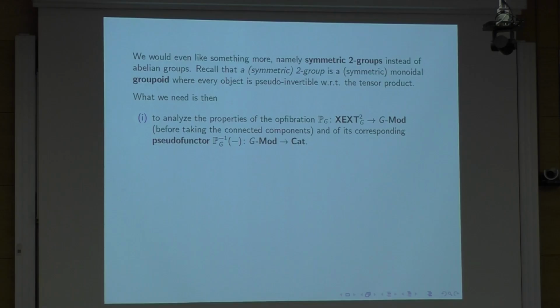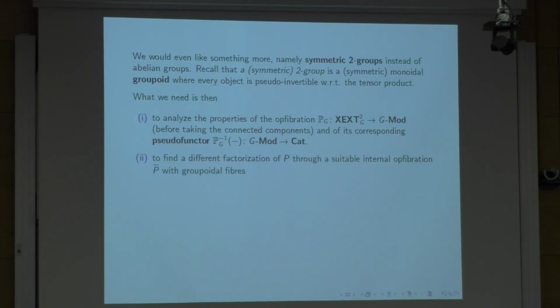Because this is an opfibration and is no more discrete, you need a pseudo-functor instead of a functor associated with it. So we have a pseudo-functor from G-Mod into Cat.